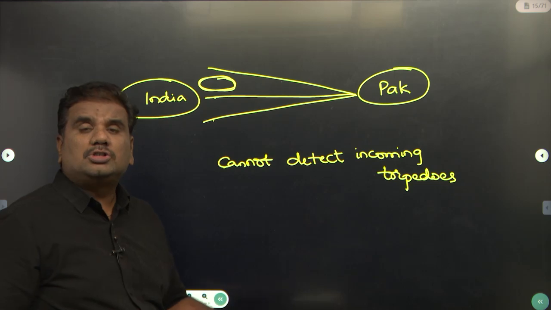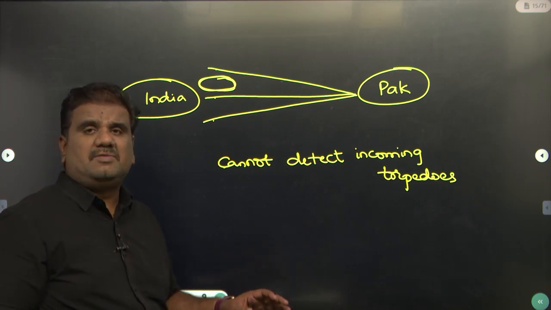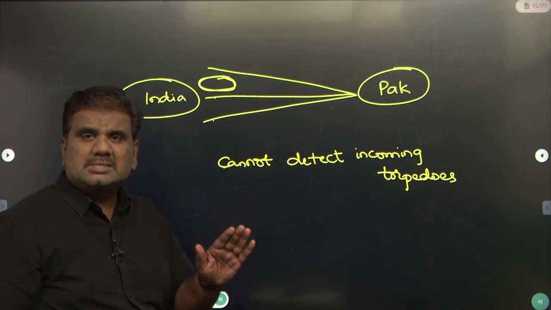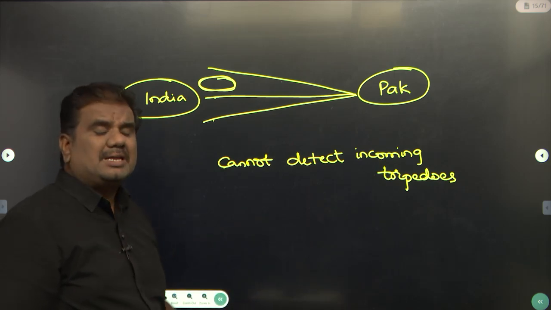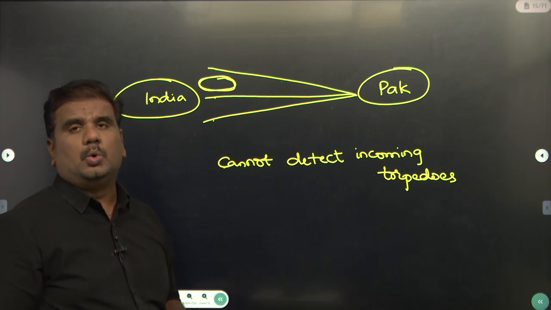So the conclusion is that these torpedoes always travel only in a straight line path, and they cannot detect any incoming torpedo.